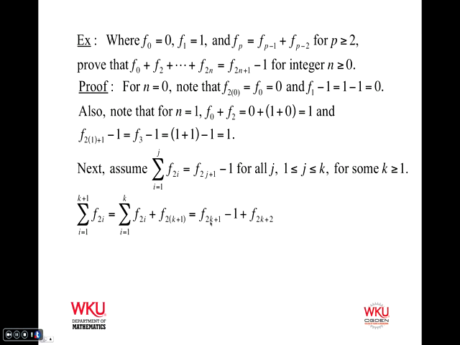If you'll notice, though, this and this are two consecutive Fibonacci numbers. When you add two consecutive Fibonacci numbers, you get the next one. So this and this give us f of 2k plus 3 minus 1. And that is really just this formula with k plus 1 substituted in there. So it holds.